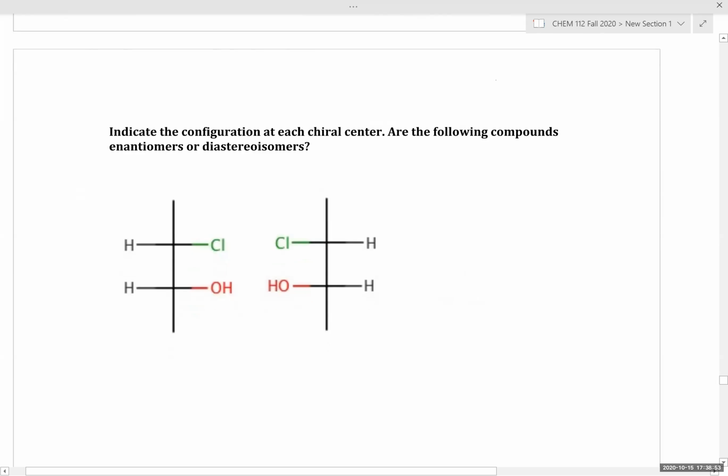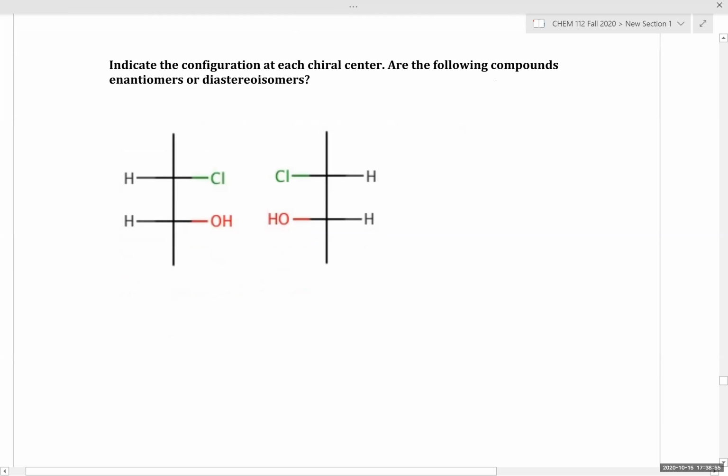Okay, so let's take a look at the following molecule. I'd like you to assign the configuration at each chiral center and tell me if the following compounds are enantiomers or diastereoisomers.